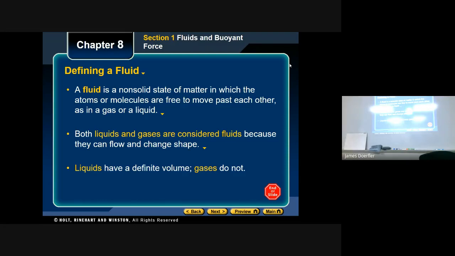Anyway, just to demonstrate that liquids and gases are different in terms of their volume, I need a volunteer. Come on up. We're going to put this plunger at 40 milliliters.